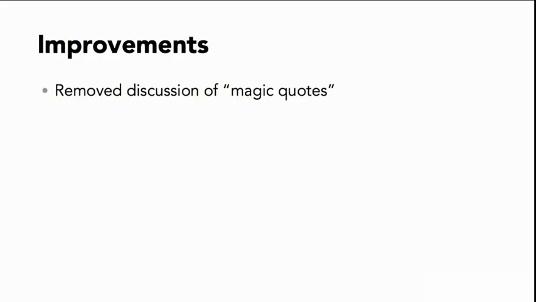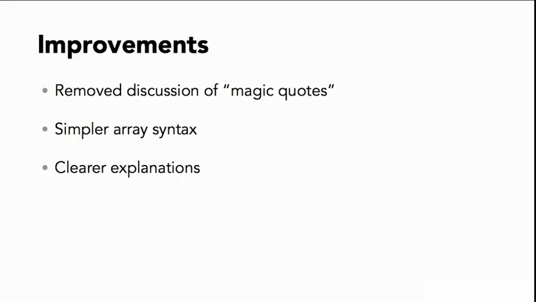In addition to bringing the course up to date with PHP 7, I've made some improvements. I've removed the discussion of magic quotes because they're no longer part of PHP. I've also used the simpler array syntax that was introduced in PHP 5.4. In response to feedback from members, I've clarified the explanation of several features, such as the increment operator.